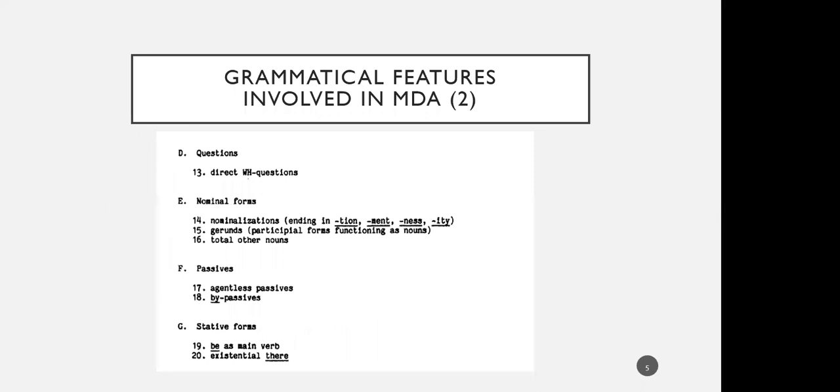Then the next grammatical class is questions, namely WH questions, nominal forms, nominalizations, gerunds, and total other nouns.